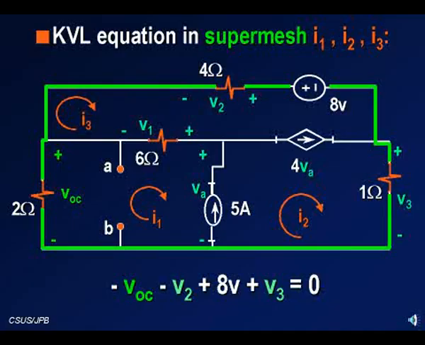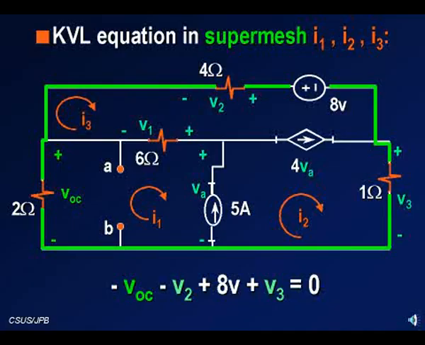So we take the super mesh as essentially merging meshes I1, I2, and I3, ignoring the branches that contain the current sources. What we end up getting is a mesh that is the larger loop of the circuit, which is highlighted here in green. And of course, we do the KVL equation, the Kirchhoff voltage law, which gives us the equation at the bottom of the screen.